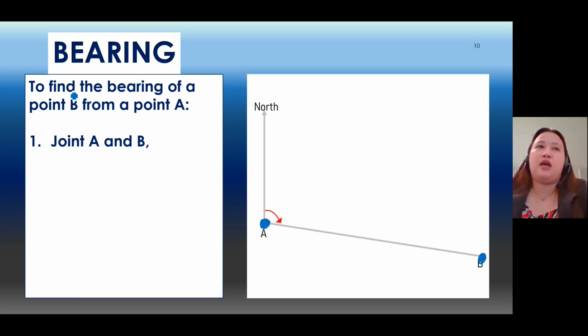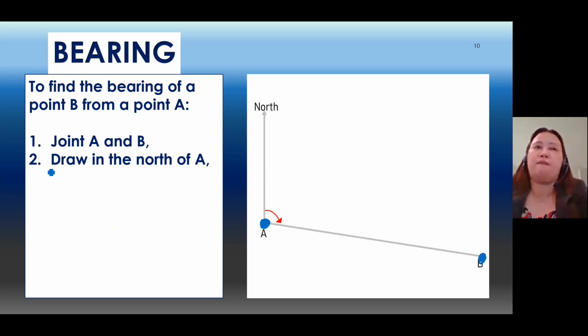Next, since here you can read to find the bearing of a point B from a point A, the next thing that you are going to do is draw the north of A. Possibly you're going to ask, how would I know if I'm going to draw north on A or B?